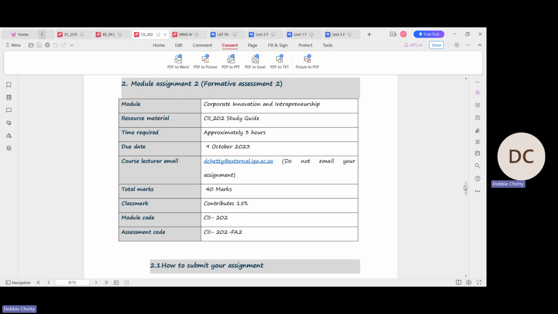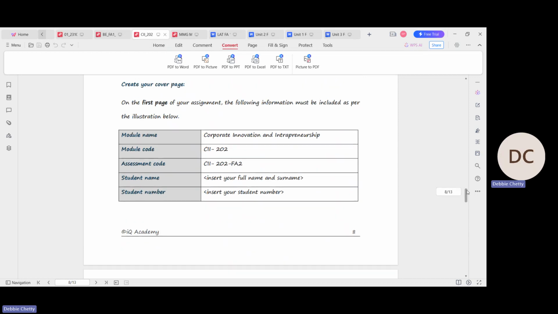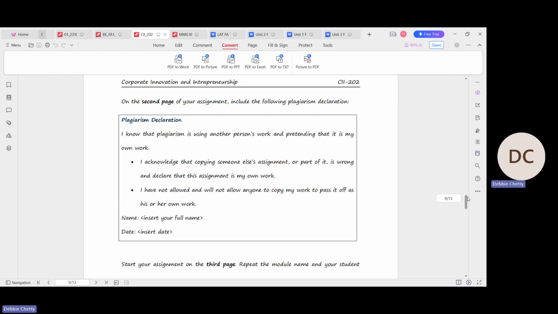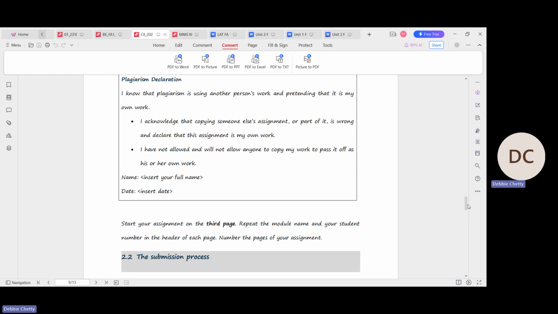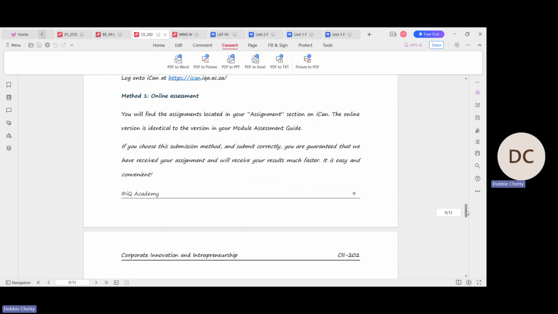Just to enlighten you on the reasoning for why we have true or false questions or short questions: we want to test your application of your understanding and the knowledge that you may have of this module or subject. Your assignment, like I said, is very short.